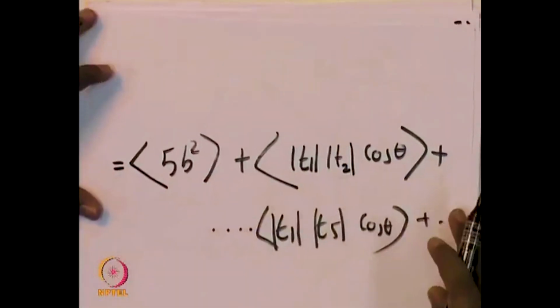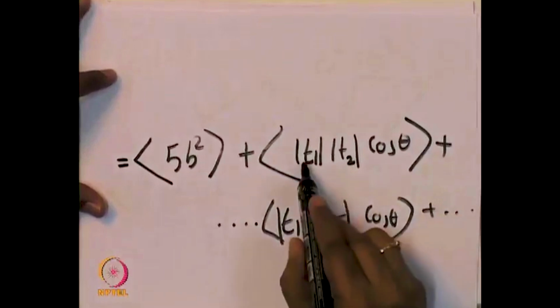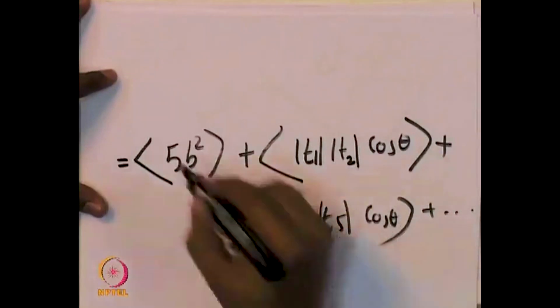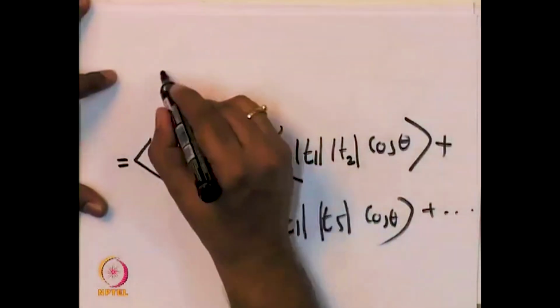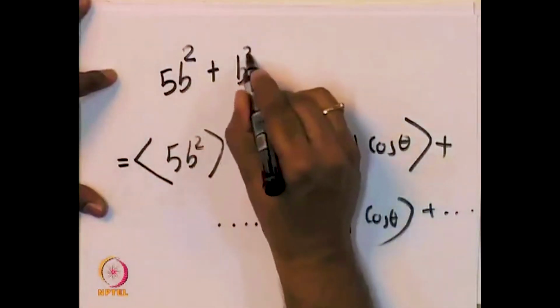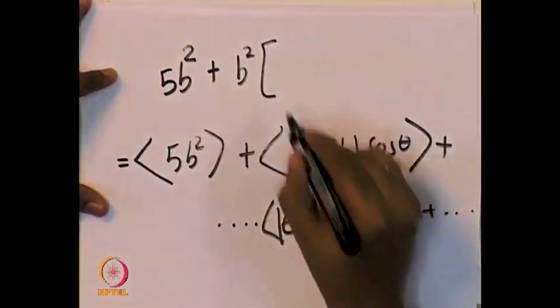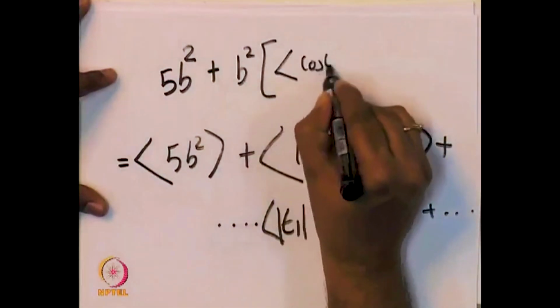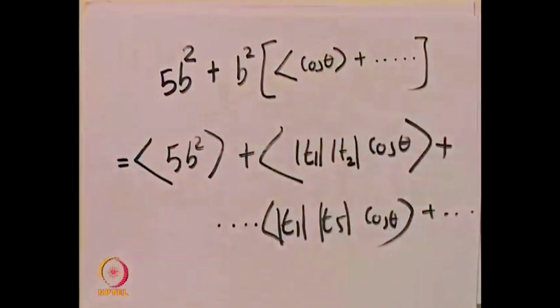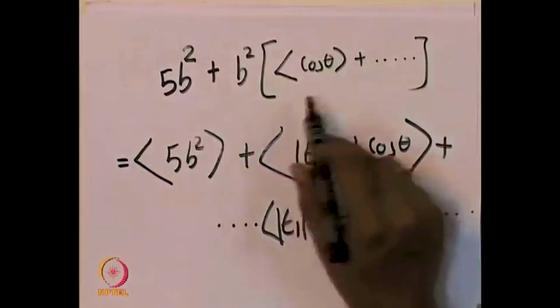So, now what do we get? T1 dot T1 is nothing but b square. So, you can take b square out from everywhere, and 5 b square average is 5 b square itself. So, 5 b square plus b square into cos theta average plus many more cos theta averages. Now, what is cos theta average?